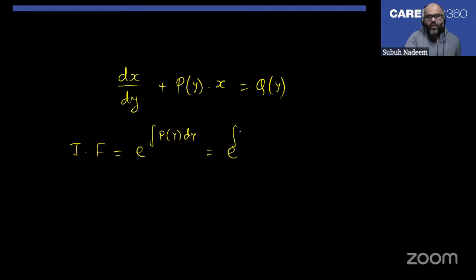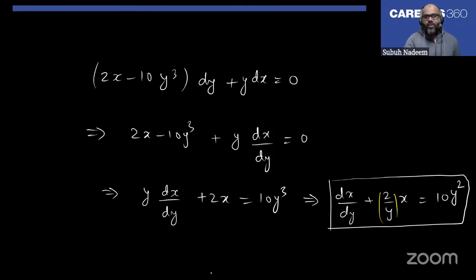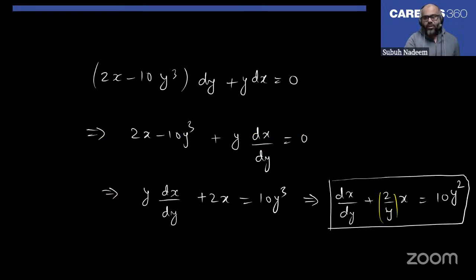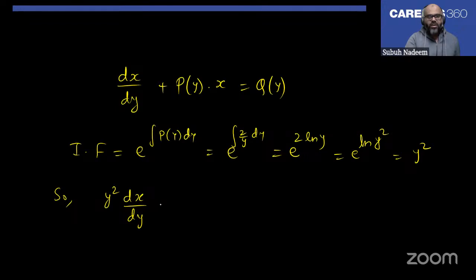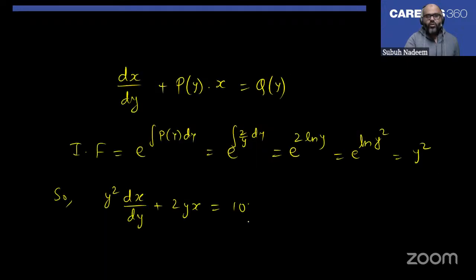So e to the power integral of 2 by y dy, which is e to the power 2 ln y, which is e to the power ln y square, which is equal to y square. So we multiply this with y square. So y square dx by dy plus 2y x is equal to 10y to the power 4.